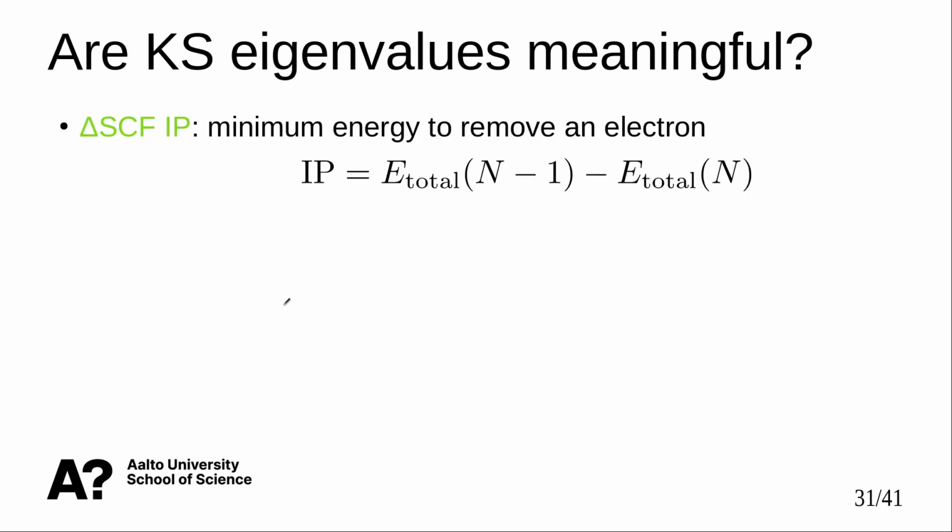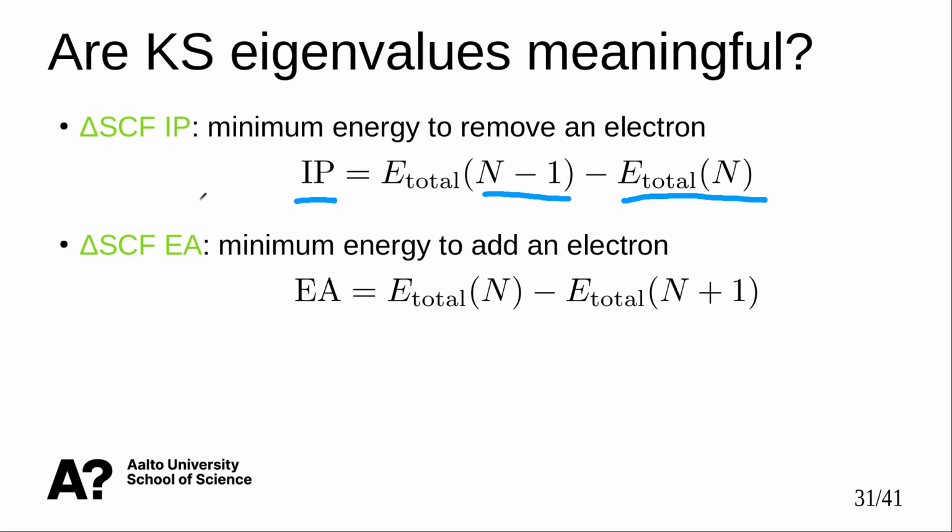How do we do that? The ionization potential is defined as the minimum energy needed to remove an electron. So what we are doing is we compute the total energy of a system with n-1 electrons and subtract the total energy for the full system with n electrons, and that gives us the ionization potential.